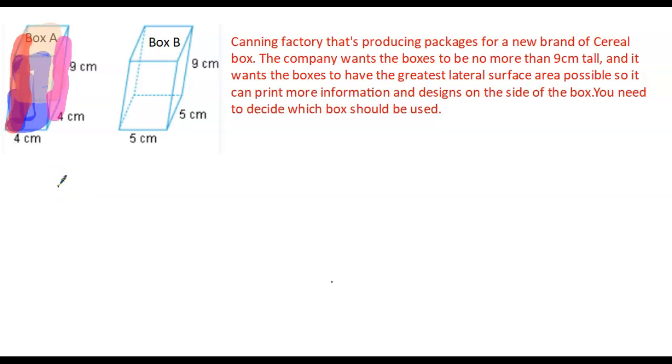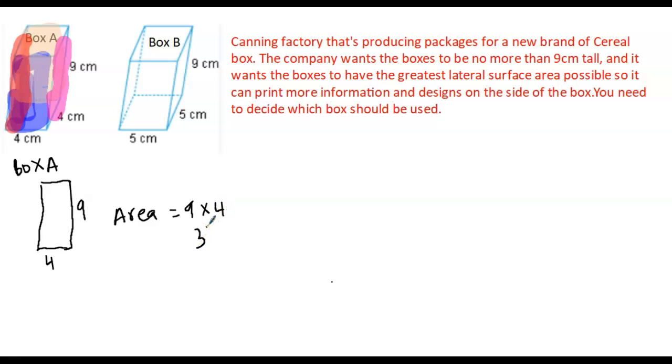So we want to calculate, and that shape is rectangular. So one of the rectangles is 4 by 9, and we are looking at the area of this. A1 is just 9 times 4, and that gives us 36.